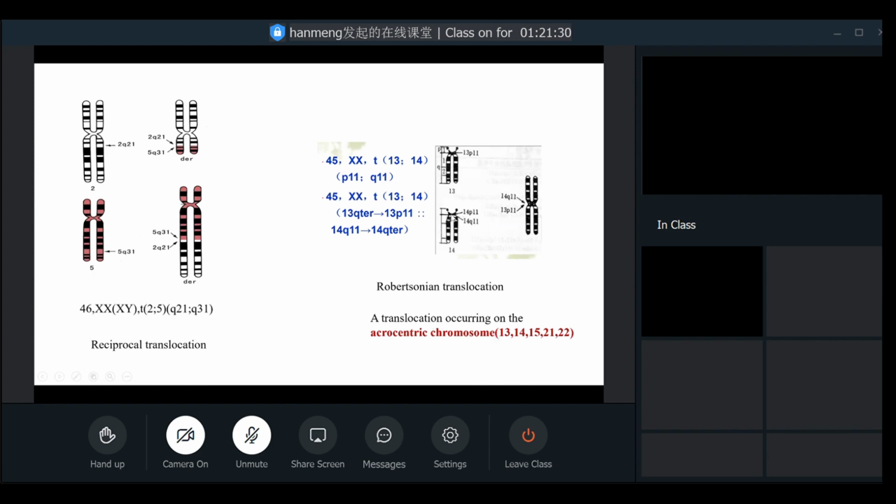In this condition, the two long arms of these two chromosomes can be connected together.